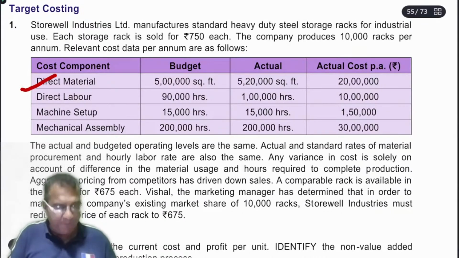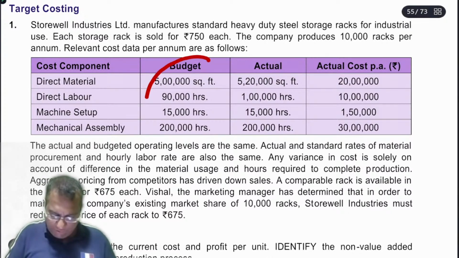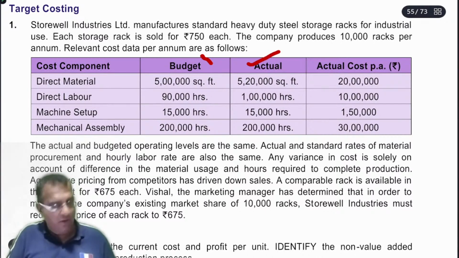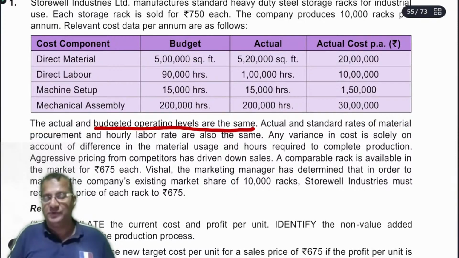Four cost components have been given to you: direct material, direct labor, machine setup, and mechanical assembly. Budget has been given, and actual has been given. In the budgeted detail, you have been given the quantitative detail, not the financial detail, while the actual contains the quantitative as well as the monetary detail. The actual and budgeted operating level are same.